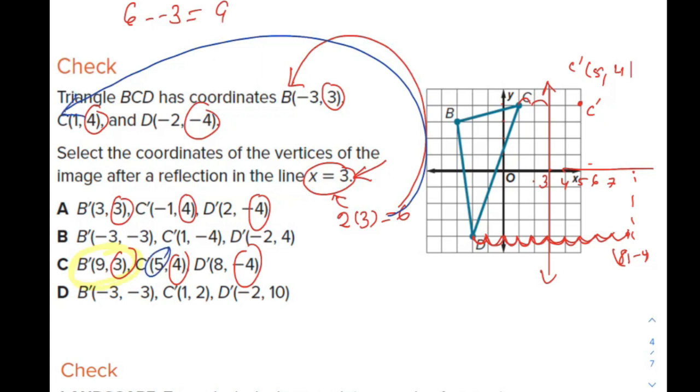And this is what we have. 6 minus 2, 8. So this is the correct answer. So when you have a constant here, what will you do? Multiply the constant by 2, then subtract the original x or y depending on the axis given to you.